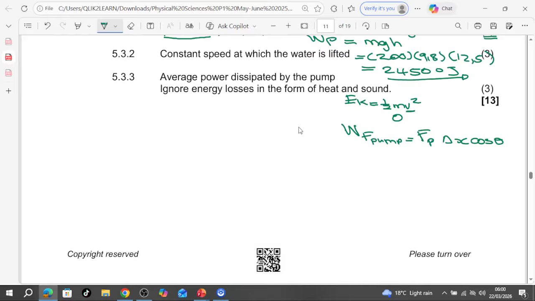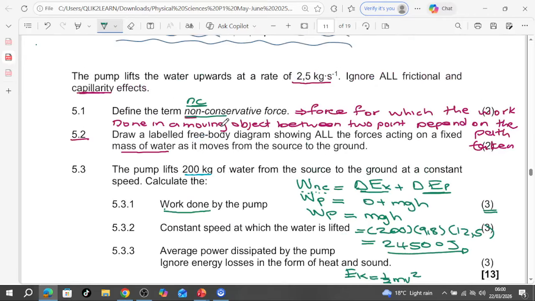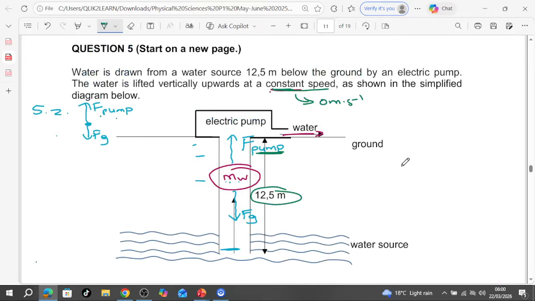So I think the challenge here might be calculating FP. Let's go back to our free body diagram, because each and every time I need to calculate a force, I check my free body diagram. These are vertical forces, so we can say F net is equal to 0. We take the force that is going up, which is F pump, and minus the force that is going down, and equate this to 0.